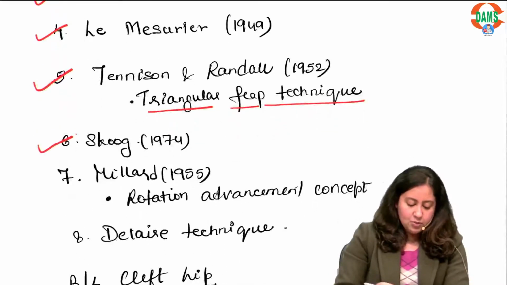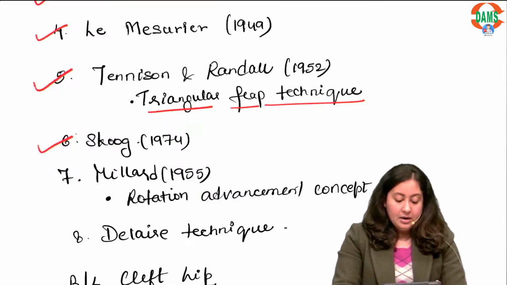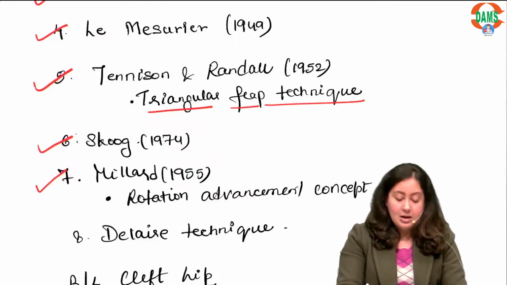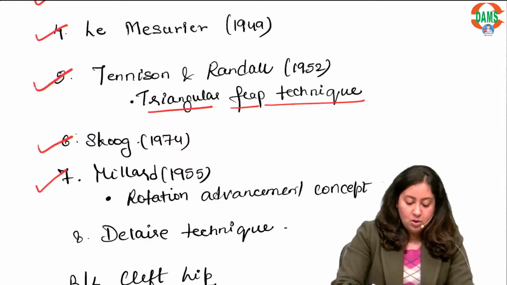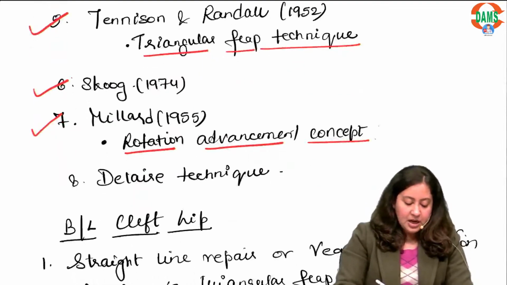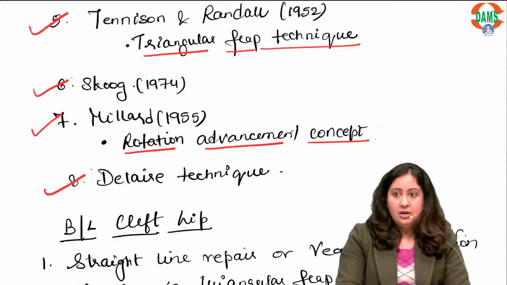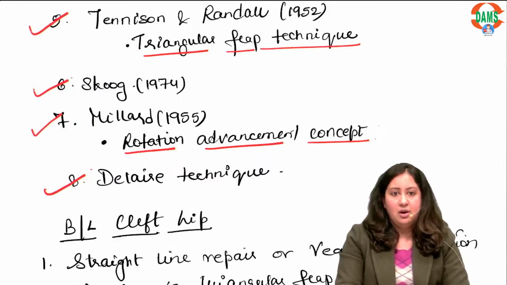The next one is Skoog technique, and after that Millard's technique, which is also a rotation advancement concept. And the last one is Delaire technique. These are the techniques for unilateral cleft repair.